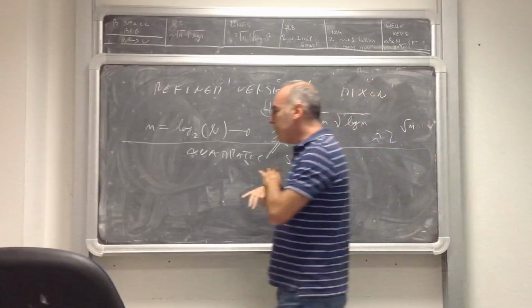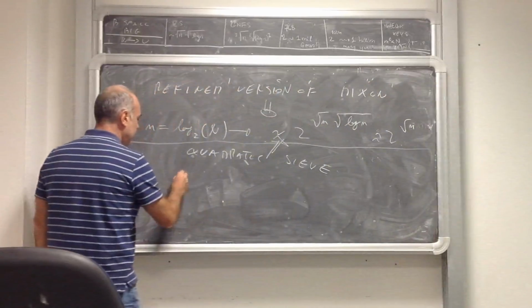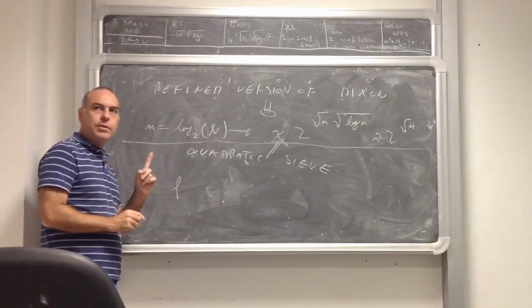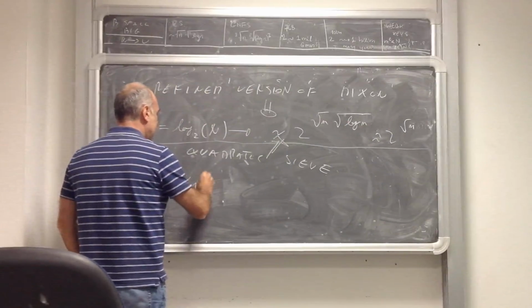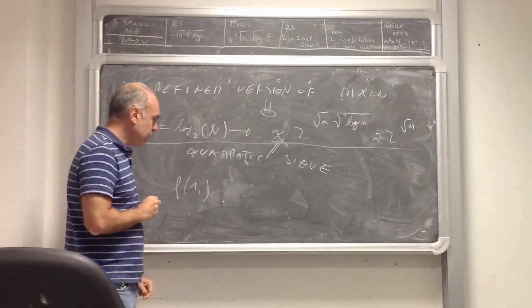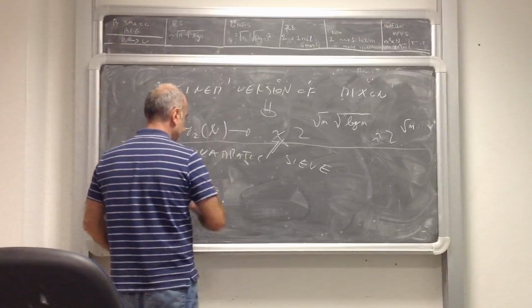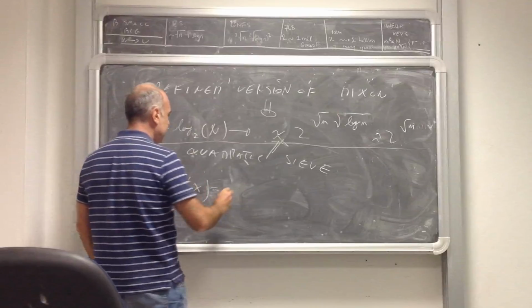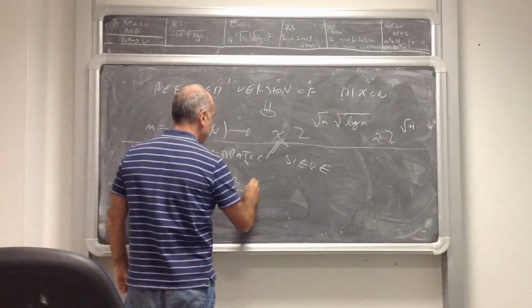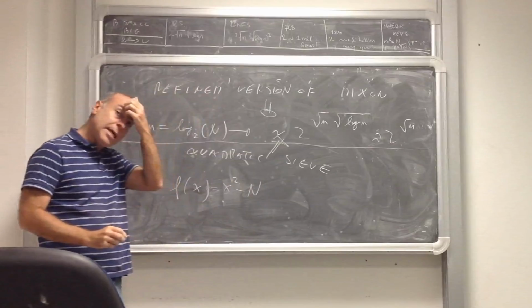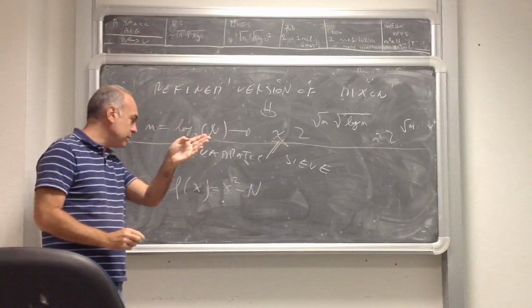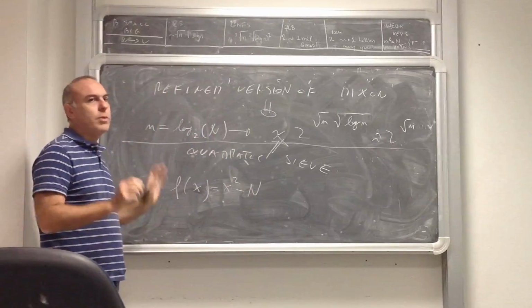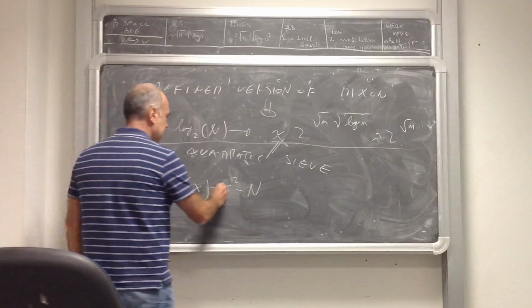The quadratic sieve is exactly like Dixon. The only difference is f. F of Ri, if you remember, f of x is simply x squared minus n.